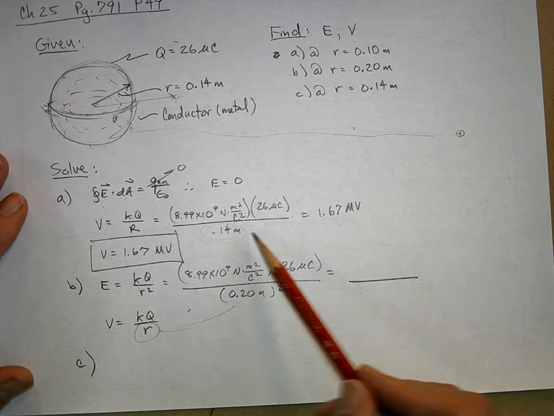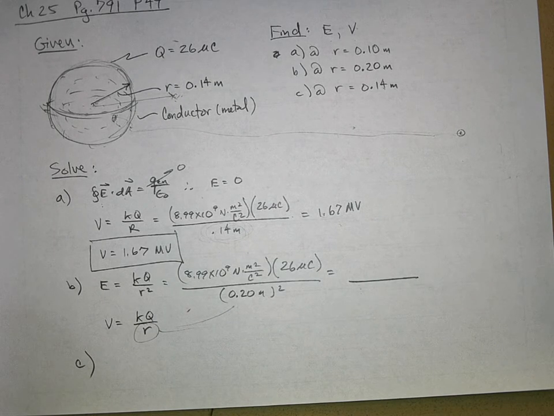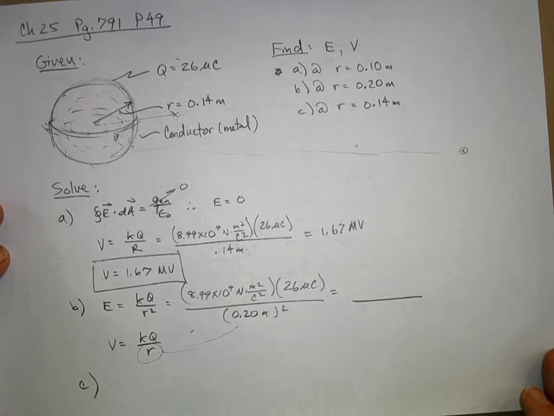And that's the electric field just infinitesimally off the surface of the conductor. If you go infinitesimally into the conductor, the electric field is 0. It just goes from that maximum value to 0 in one atom width. Okay? So anyway, that's how you do number 49.